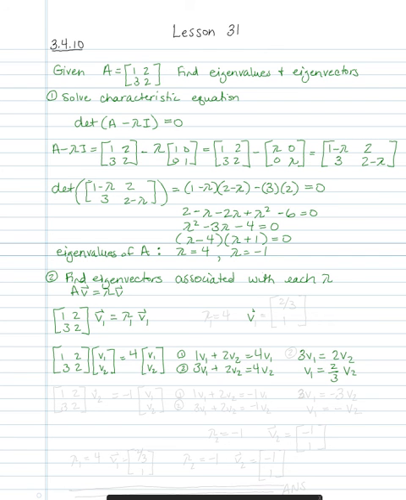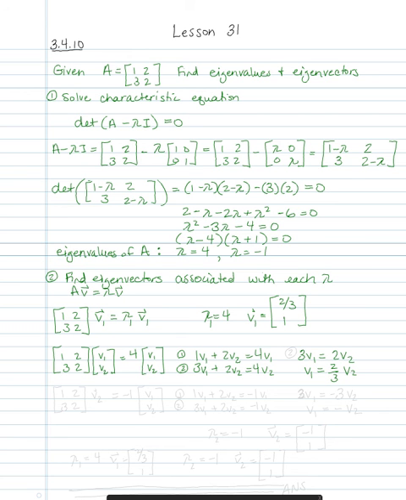This gives us an eigenvector of [2/3, 1]. And our lambda 1 was 4. So our eigenvalue is 4, and our associated eigenvector is [2/3, 1].